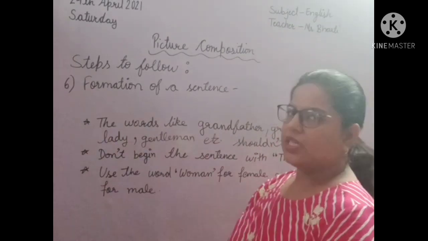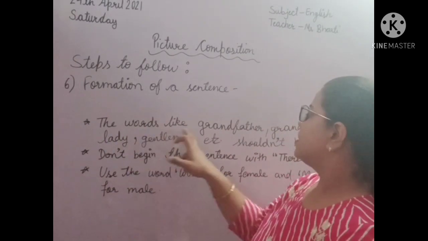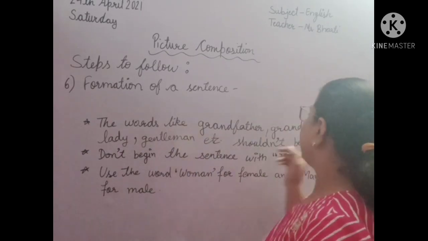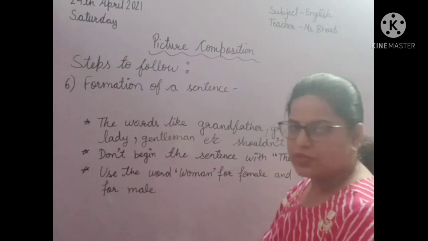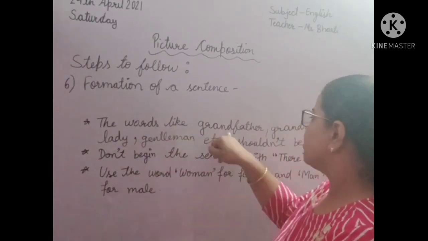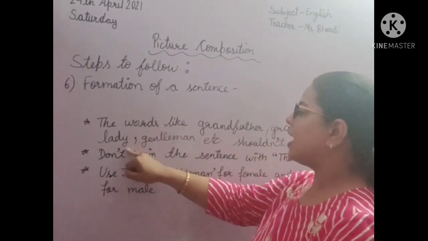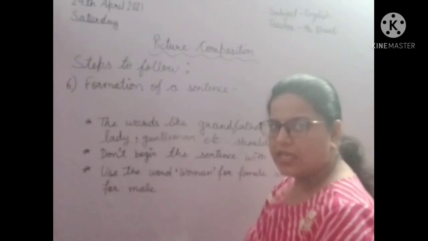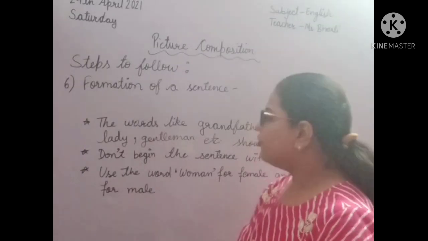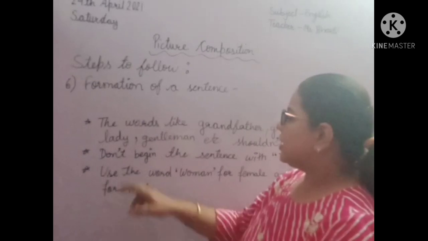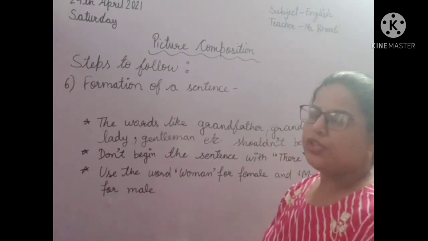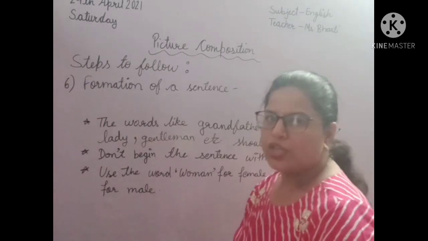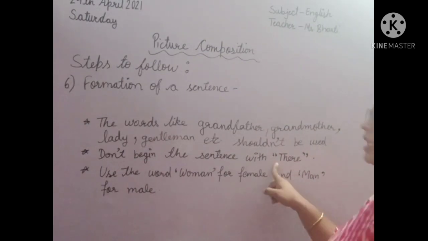The first point is that words like grandfather, grandmother, lady, gentleman, etc. should not be used in any of the sentences while writing a paragraph. The second point is, don't begin the sentence with "there." None of the sentences should begin with the word "there."